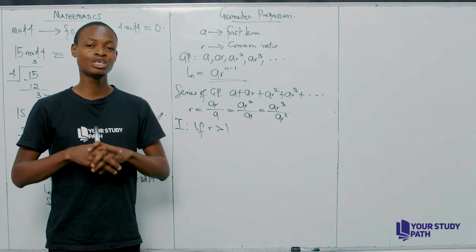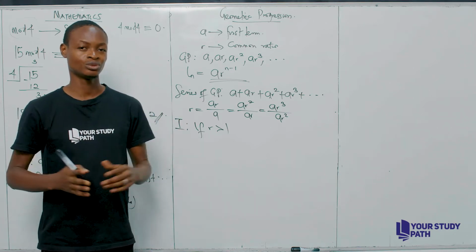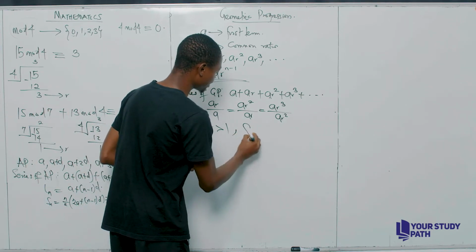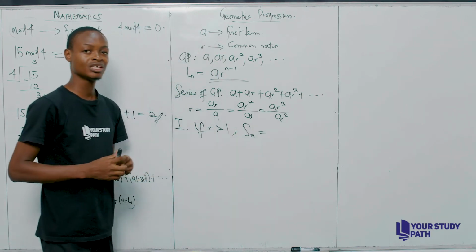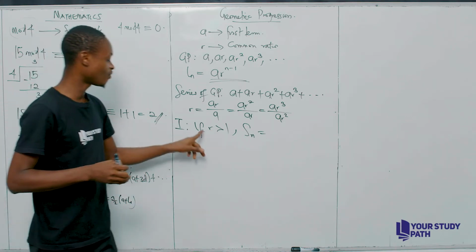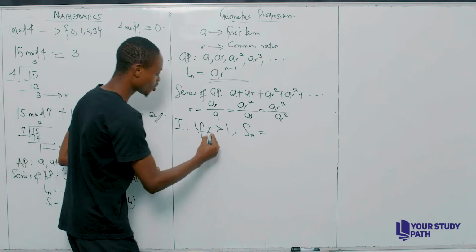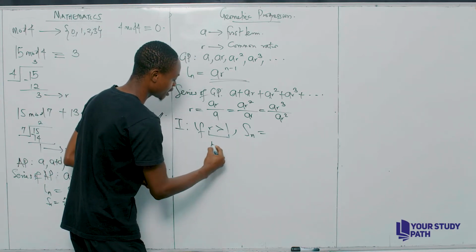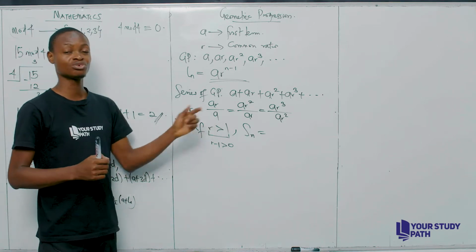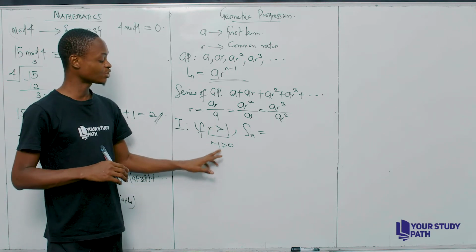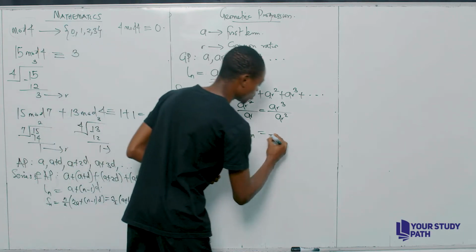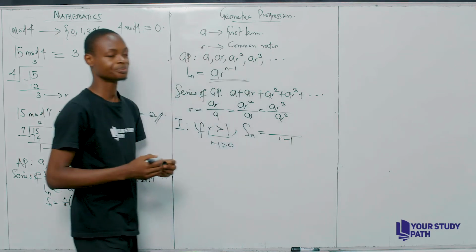That means we can derive the denominator of the sum of n terms of the GP if we correctly consider what the common ratio is. If the common ratio is greater than 1, this suffices by inequality that we are saying that r minus 1 is greater than 0. All you have to do is subtract 1 from both sides here. So if r minus 1 is greater than 0, it means that r minus 1 is positive. r minus 1 is what will exist as our denominator.